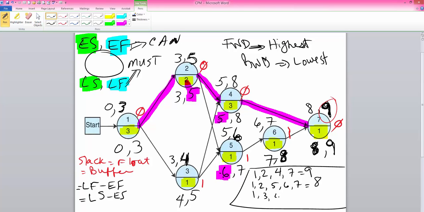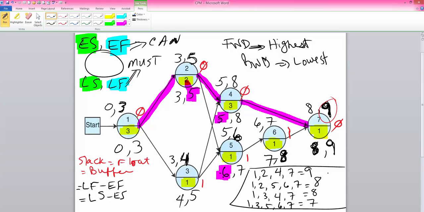And the duration for that is 3 plus 1 is 4, 7, 8. And finally, we have one more path, and it's 1, 3, 5, 6, 7. And that duration is 3, 4, 5, 6, 7.